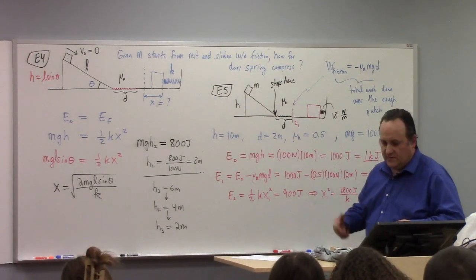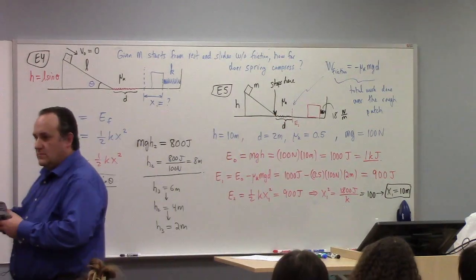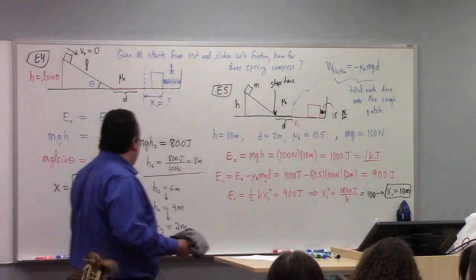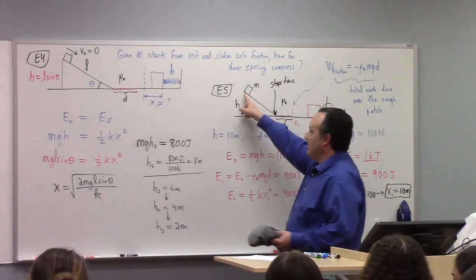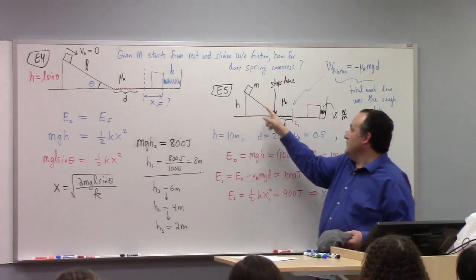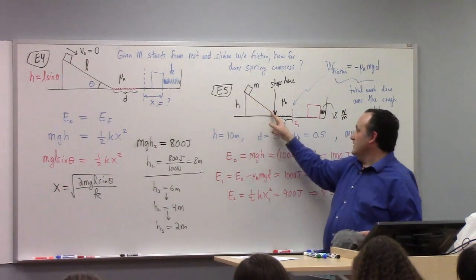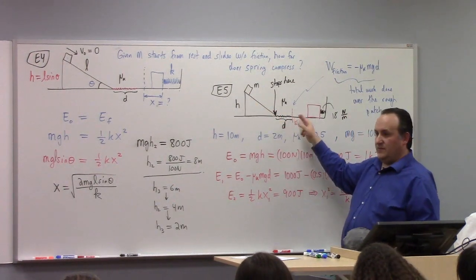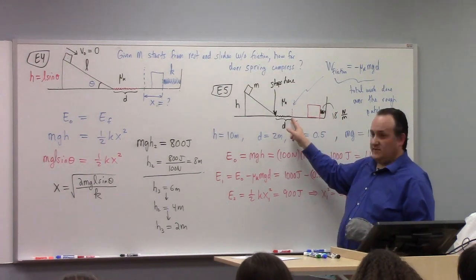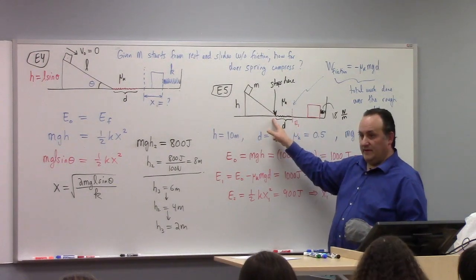Any questions before I go on here? Where did the 800 joules come from? The logic there was we started with 1,000 joules of potential energy. Then we lose 100 of it every time we go across the rough spot. So I start at 1,000, down to 900 joules total energy, compress the spring, keep the 900 because the spring is conservative, come back here, still 900 joules of energy, it costs me 100 joules to get back to the other side, 800 joules.